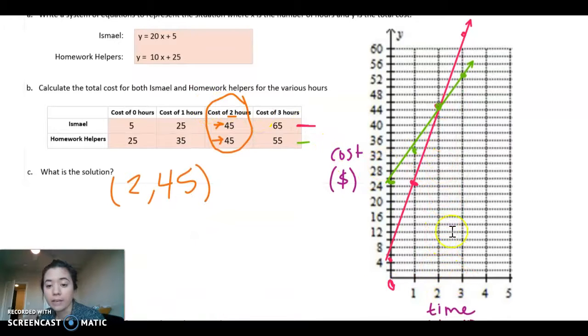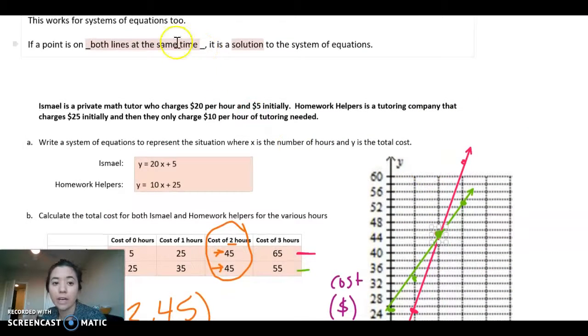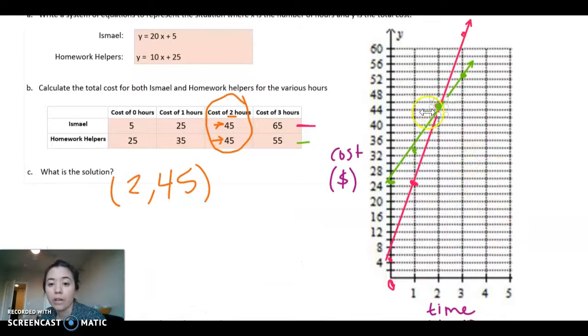At 2 hours, they cost the same amount. So it's on both lines at the same time at 1 point. We said it was 2, 45. And again, if you look here on the graph, the x value 2, y value 45, we get where these lines intersect.